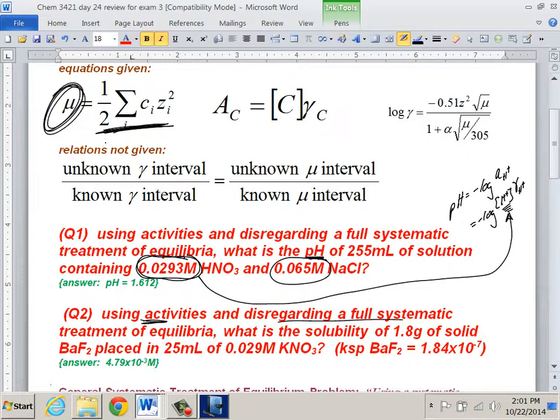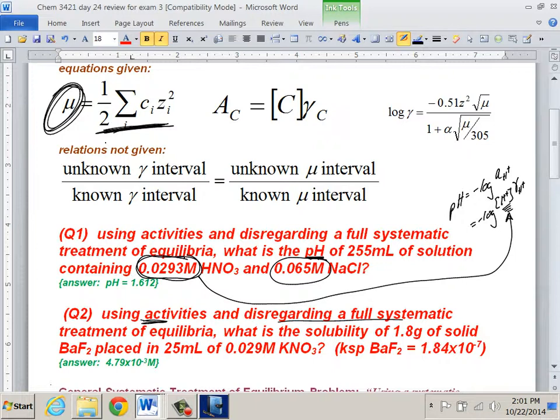Why does that work? It's a 1-to-1 ratio. If it's not a 1-to-1 ratio, you better use that equation. Okay.